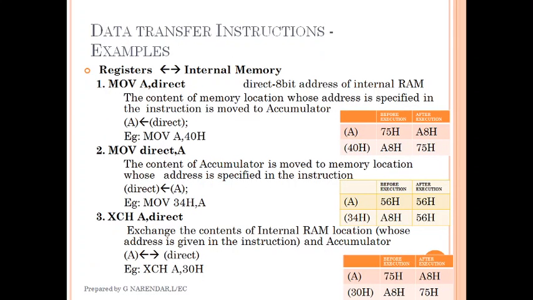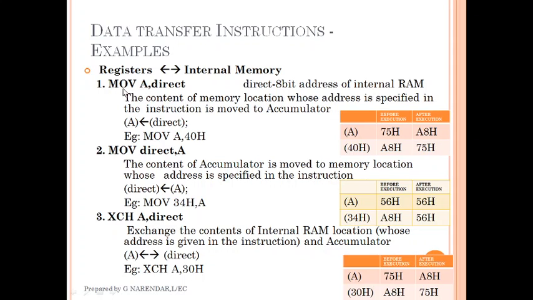So here we go, the instructions which transfer data between registers and internal memory. Internal memory means we will specify one particular internal memory location by providing its address in the instruction. You can see the first instruction, MOV A, direct.